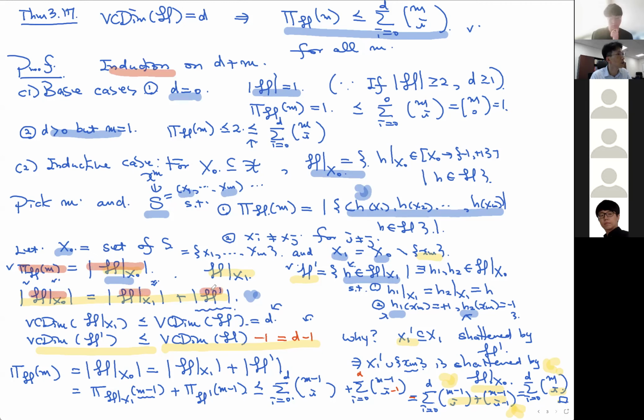Then note that this second subset has its VC dimension bounded by d minus 1. So once you have this equality, and then this equality and the third observation, by putting these observations together and applying the induction hypothesis, we get the conclusion. And in some sense, the key idea of the construction is really considering something like this h prime.